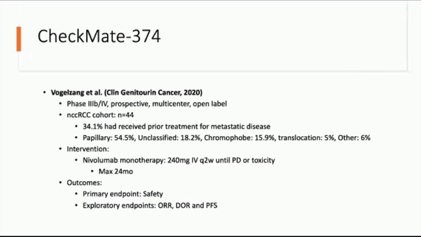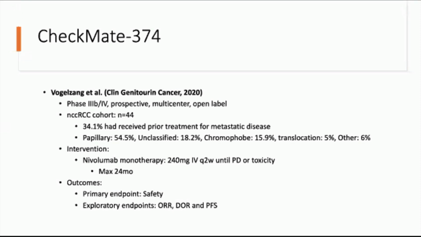So this next trial by Ghizlane and colleagues is Checkmate 374, and it's a trial looking at the efficacy of nivolumab monotherapy. But this trial allowed the inclusion of patients who had received prior treatment for their disease. They enrolled 44 patients, of which over half had papillary tumor histology.